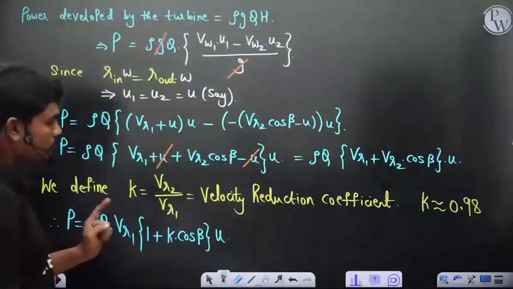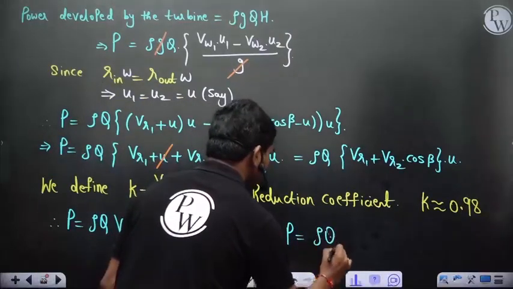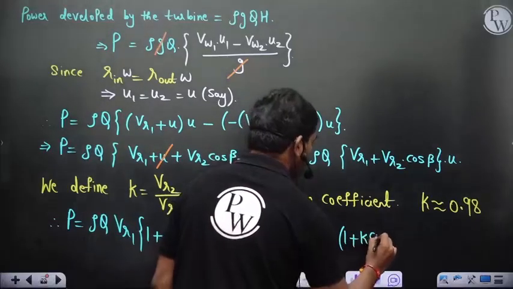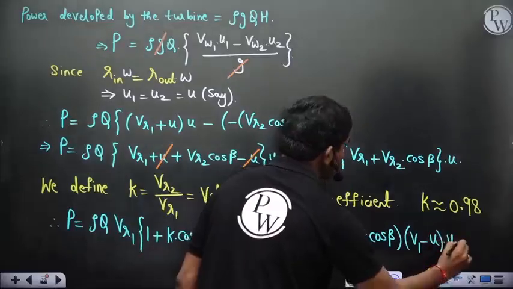So therefore, the power developed by the turbine is given by rho Q into 1 plus K cos beta into V1 minus U times U. Now you know everything.